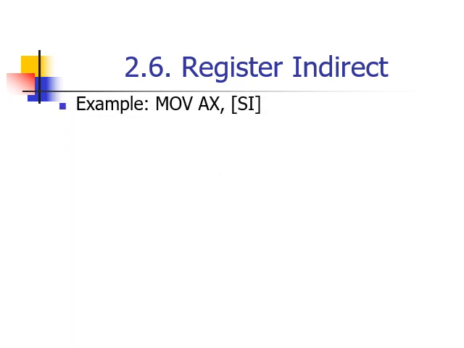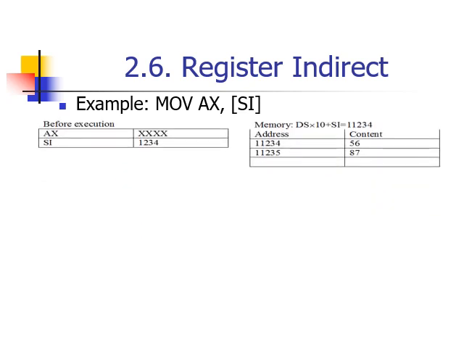Register indirect. Okay, this is an example. Before execution, you're given the value of SI. DS times 10 plus SI is a physical address inside your memory. So this is the value stored in an address referred to by SI. And you have to go to SI plus 1.